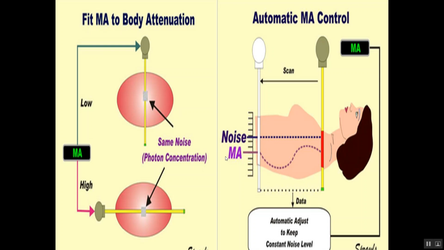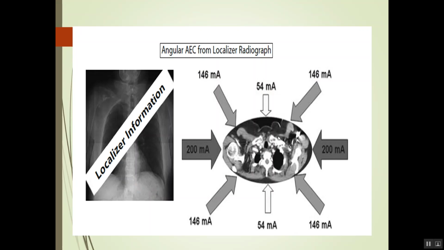But there is another type, which is transversal modulation. When the X-ray tube rotates around the patient, for example here, this is an axial cut for the chest region. In this region you give low milliampere, because the X-ray tube here and the detector there are exposing low density material, since this region contains lung.